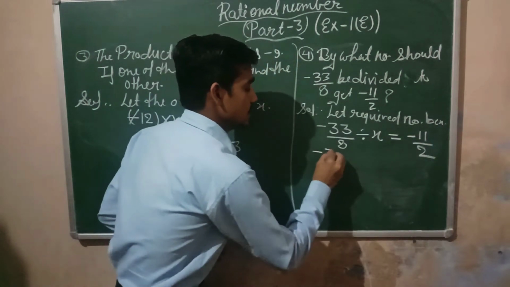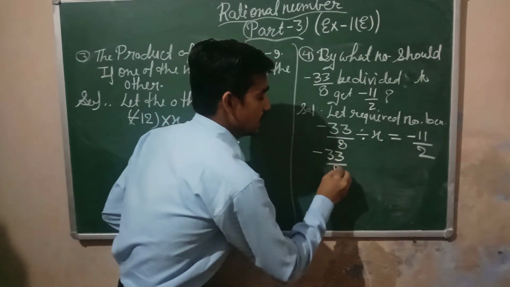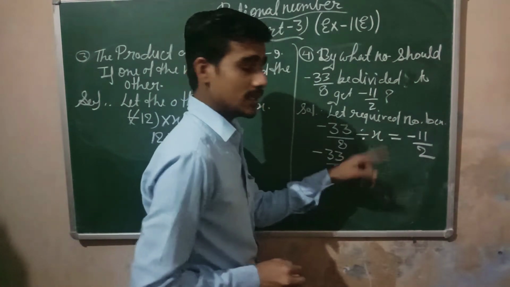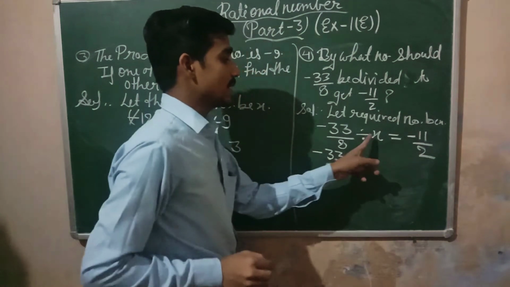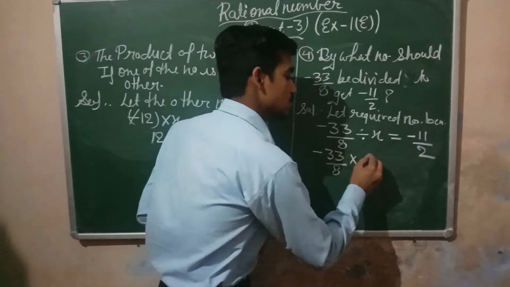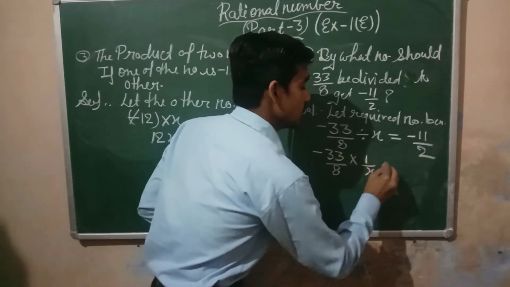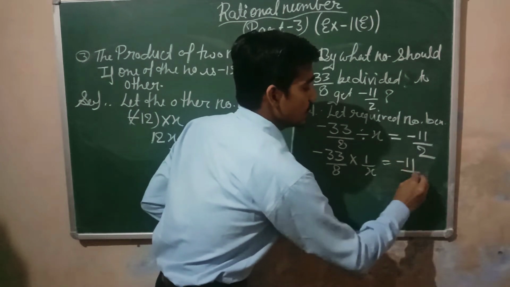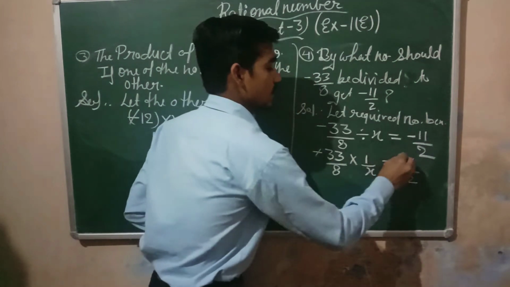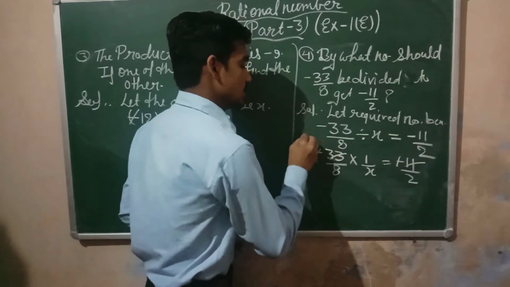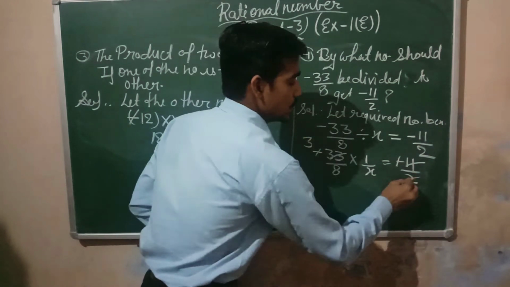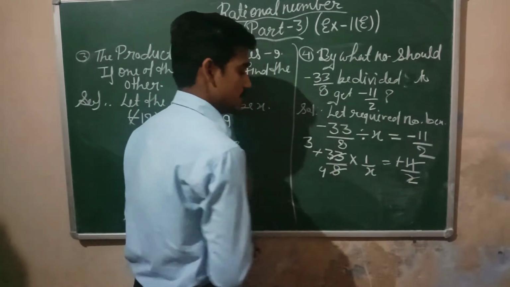And minus 33 by 8 divide, convert into multiply and write the reciprocal of x, which is 1 by x, is equal to minus 11 by 2. Minus minus cancel, 11 times 3 is 33, 2 times 4 is 8. Clear?